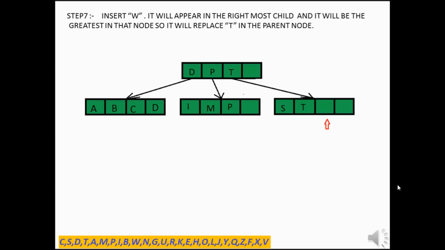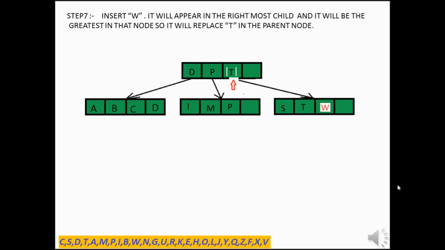That node contains S and T. Now compare W with these two elements. Since W is greater than both, it will become the third element, or the rightmost element till now, of this node. Since it is the greatest element, it has to be promoted to the parent node. So W will replace T in the parent node. See the slide and the movement of the arrow, you will come to know.